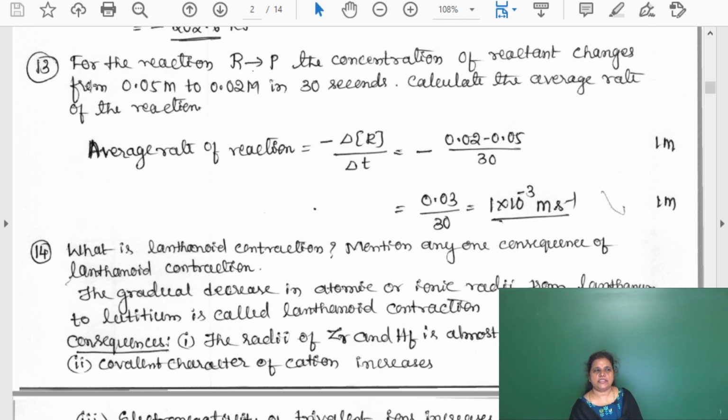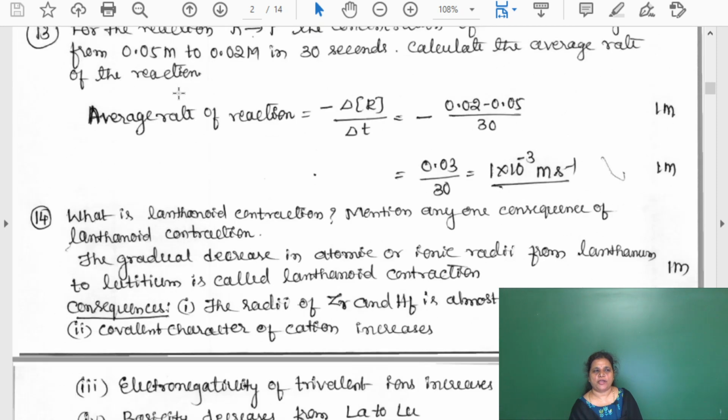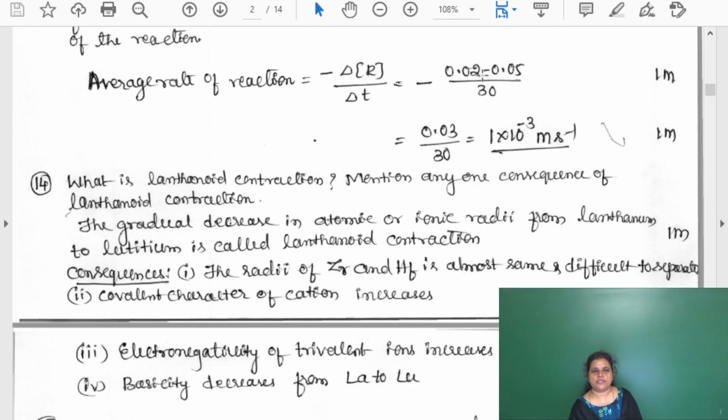It decreased from 0.05 to 0.02, therefore 0.02 minus 0.05 divided by 30, the time taken in seconds. Simplify it: 1 into 10 power minus 3 molar per second.